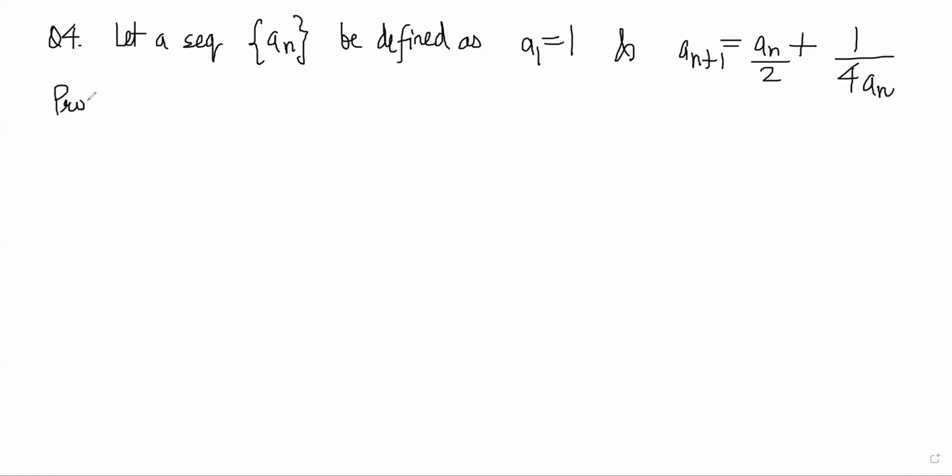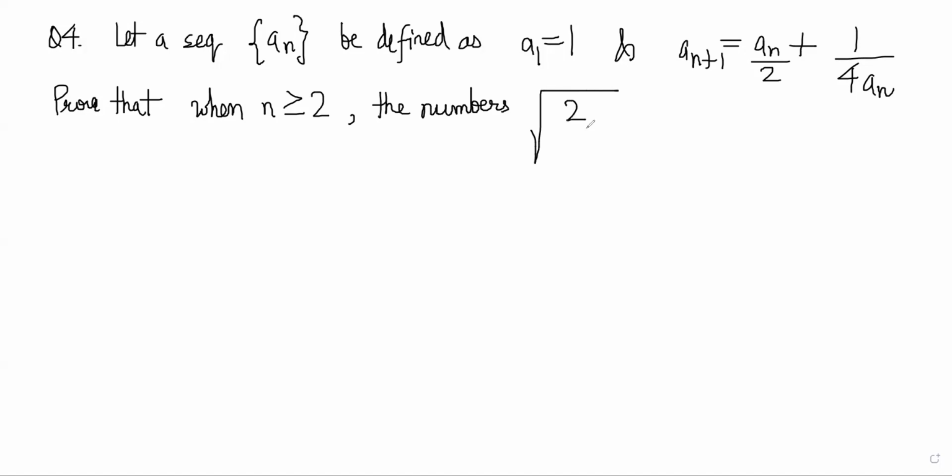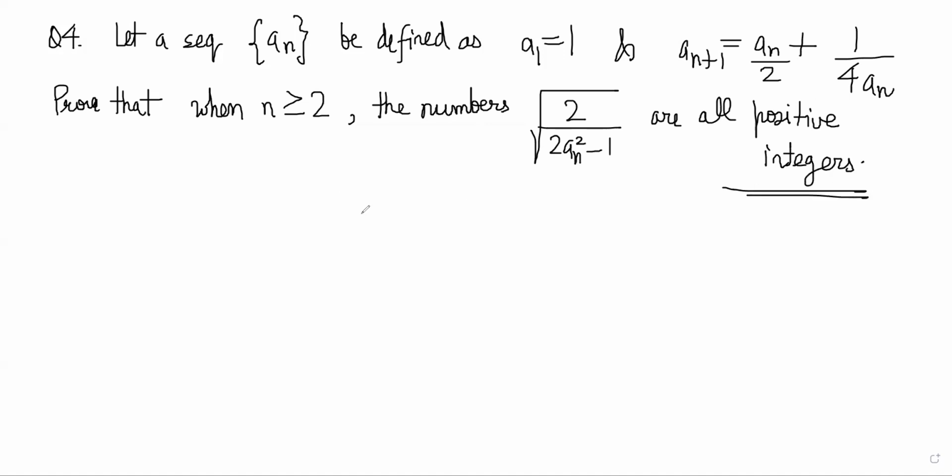We have to prove that when n is greater than equal to 2, the numbers root over 2 by 2an square minus 1 are all positive integers. Okay. So we have to prove that the sequence of numbers of this kind are all positive integers.